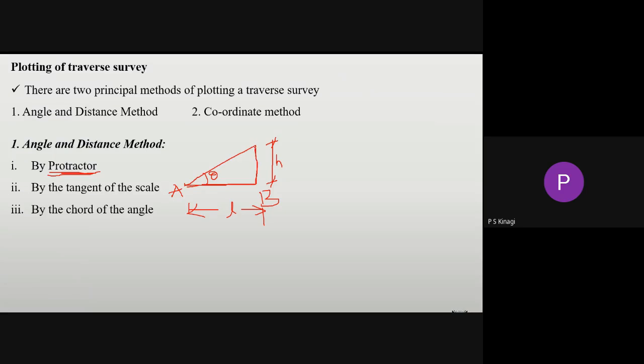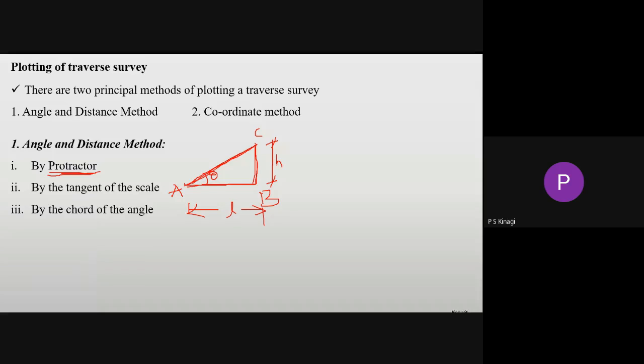Then directly using a scale, we can easily mark the point on this line at a distance of h. Later we can join point A to point C, and then easily draw the area. Likewise, we follow all other points using the tangent method.